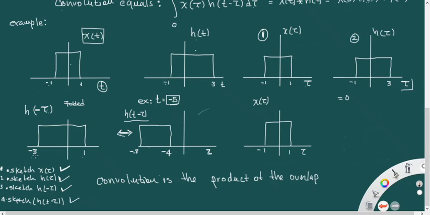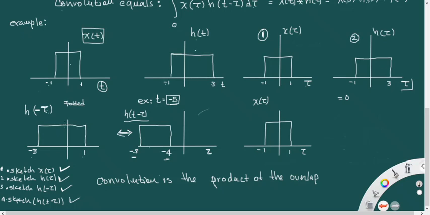So -3, in this case, -5 is -8, okay? And 1 minus 5 is -4. So in this case, we are shifting the function to the left by the amount the t value is indicating here.